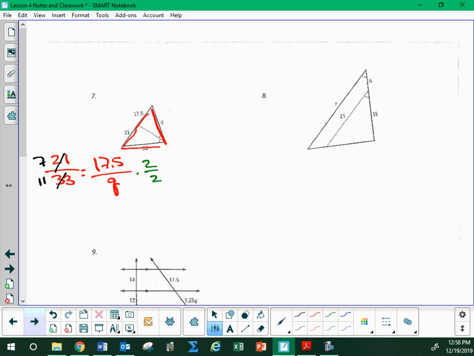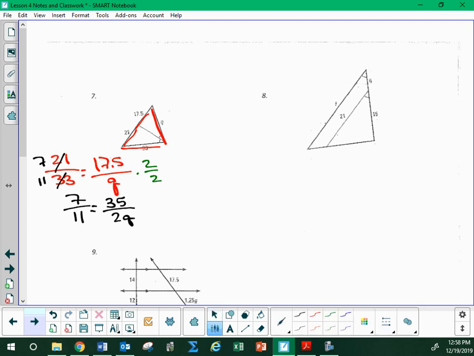So then we have 7 over 11. What's 2 times 17.5? What's 2 times 17? There you go, 34, and then another one, 35. Let's go ahead and cross multiply here.